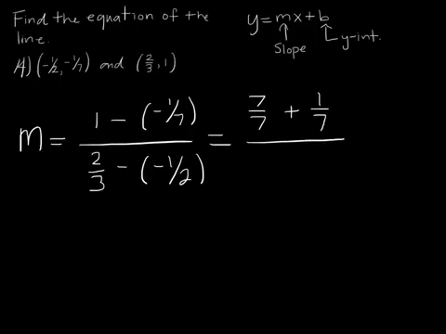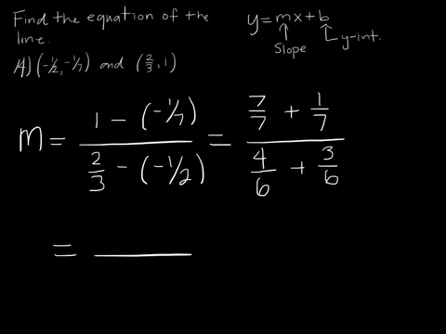And I want a common denominator for the fractions in the denominator. And I'm going to go with 6. So I'll have 4 over 6 plus 3 over 6. If you need to take a moment and pause the video to work out how to get these common denominators, go ahead.